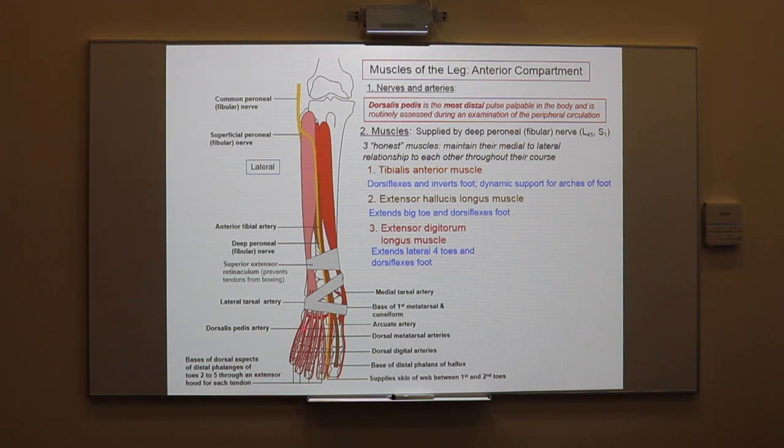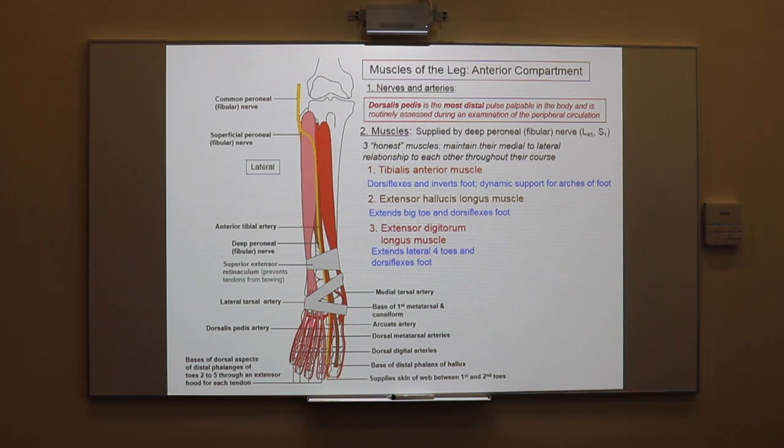The action of the extensor digitorum longus is to dorsiflex the ankle and the lateral 4 toes. Again, the nerve supply is the deep fibular nerve, or the deep peroneal nerve.